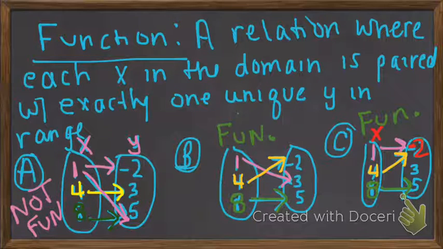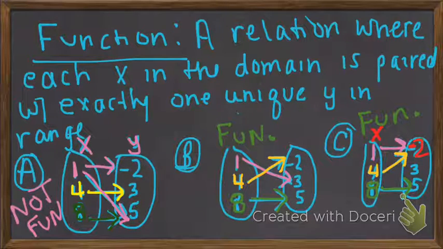Like Bob is only paired up with Sue. According to Bob, Bob only has 1 girlfriend. The 4, if this is, I don't know, Jack, Jack's also with Sue. But according to Jack, he only has 1 girlfriend. So this is, in fact, considered a function.